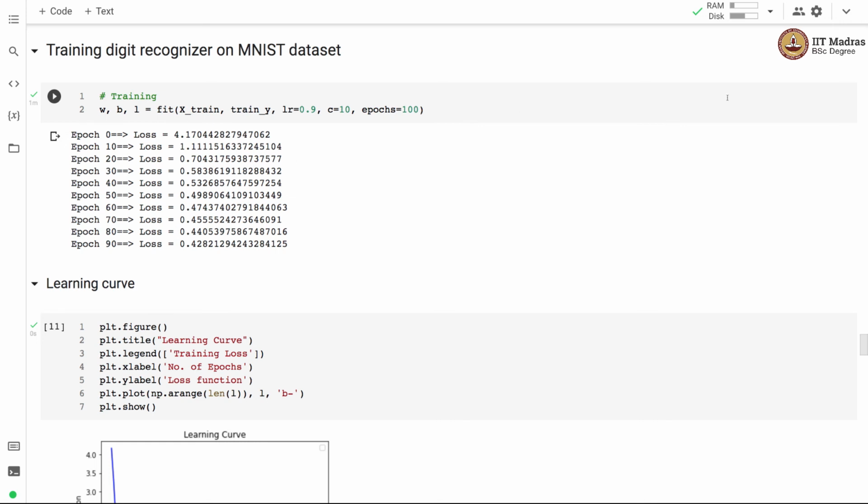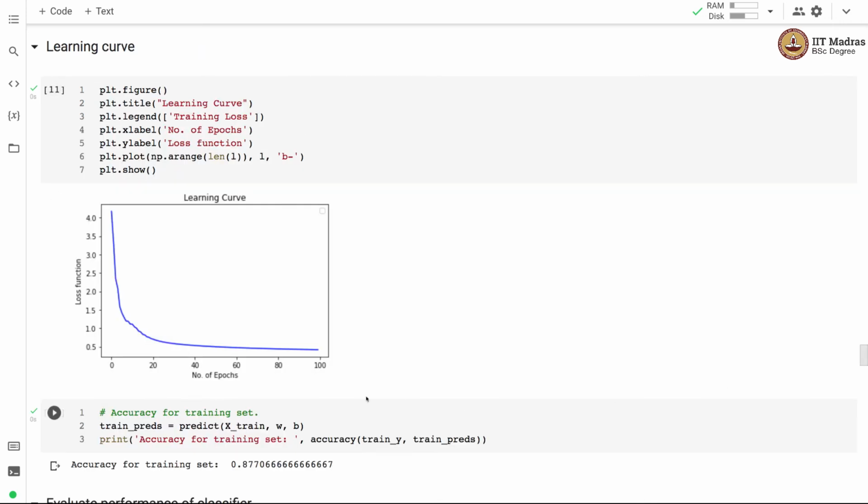of the loss. We plot the learning curve where we have number of epochs on the x-axis and loss on the y-axis, and this learning curve is a sign of the classifier getting trained properly. The loss reduces after every epoch, which is a sign that the classifier is learning with every iteration.